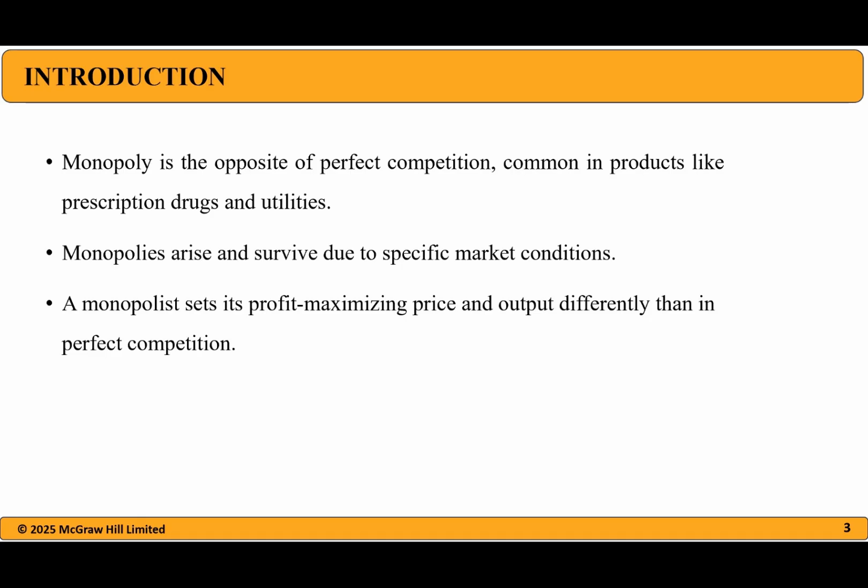The important thing to understand is a monopolist does not behave like a competitive firm. It has some form of market power, a considerable amount of control over the price, meaning it can influence the price by controlling the supply of the product.